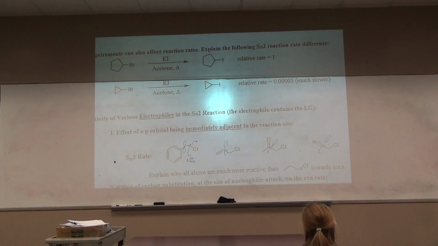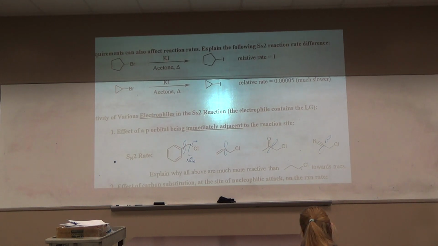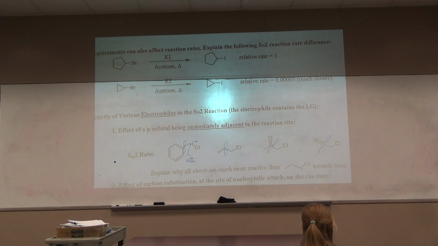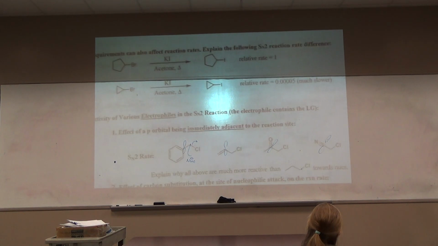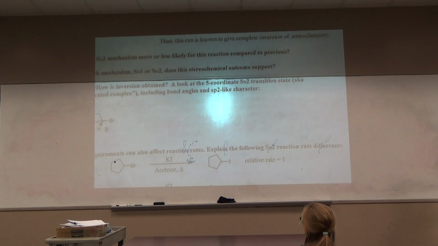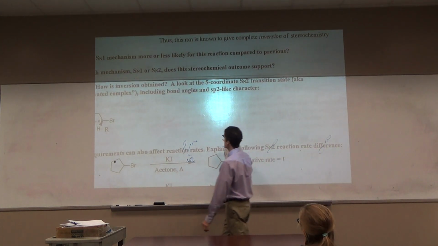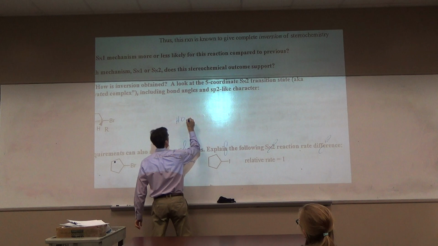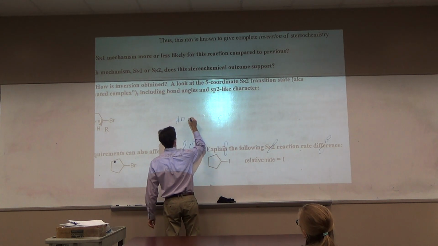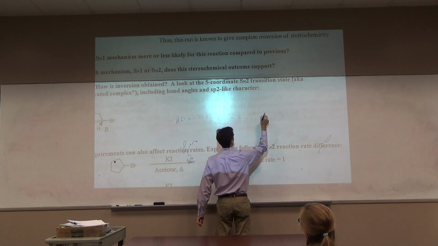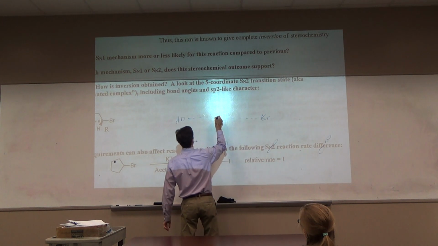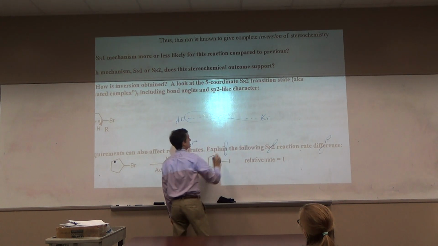Let's go to the transition state, because that's where the activation energy is at, right? In the transition state, what did we have between the hydroxide and the carbon as the bond was being broken, whether it was bromine or chlorine? Didn't this look like a p orbital?